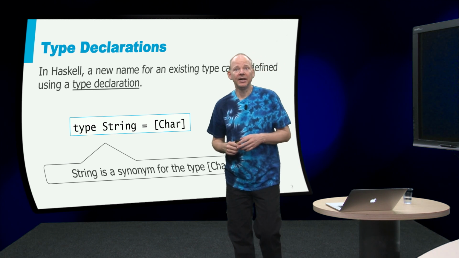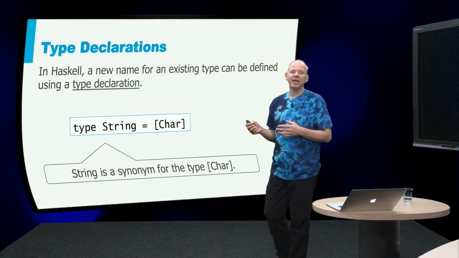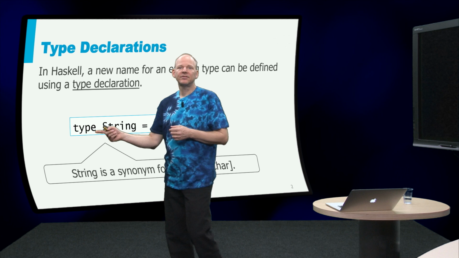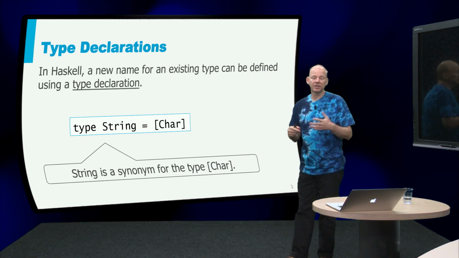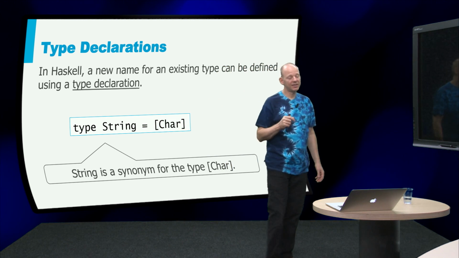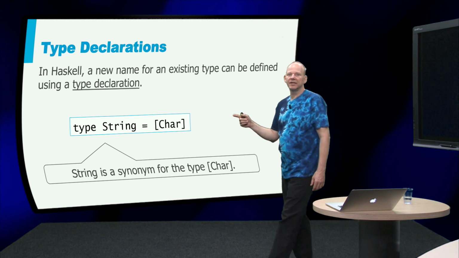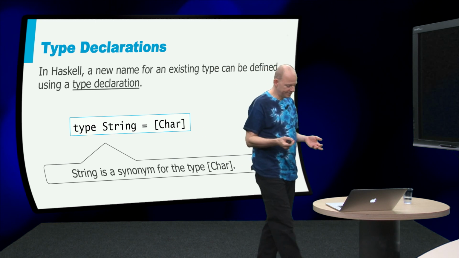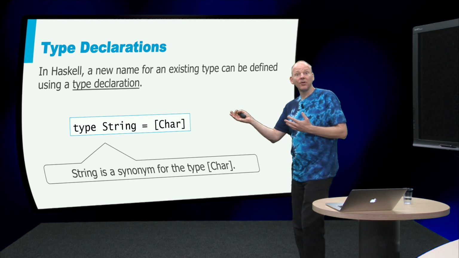All right. In Haskell, we can define an alias for an existing type by saying type String equals another type, or type NewName equals another type. In this case, we are defining String as an alias for a list of characters. And this is an idea that we have used throughout all the lectures, right?